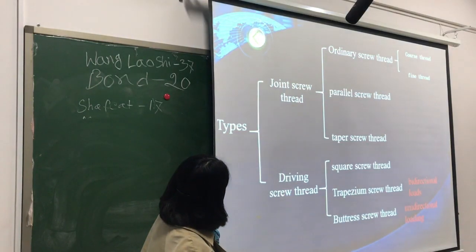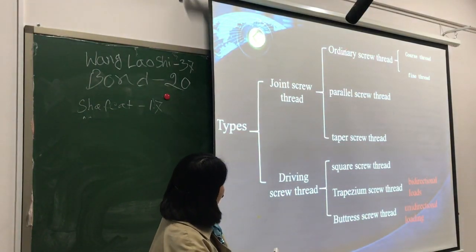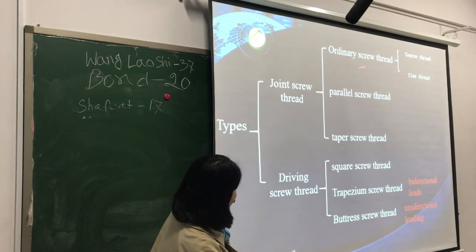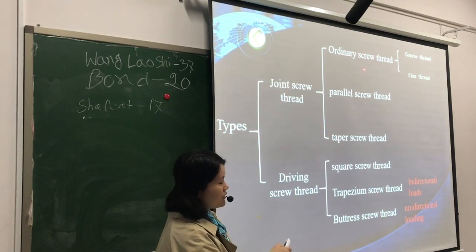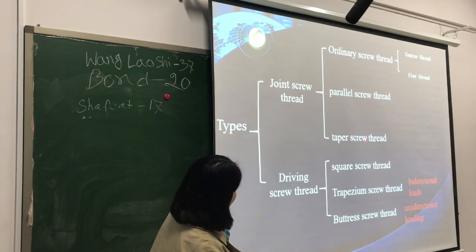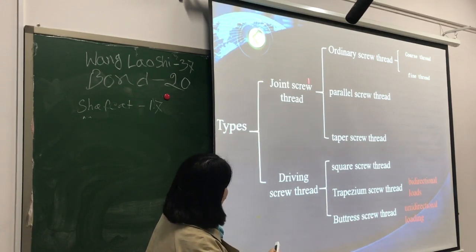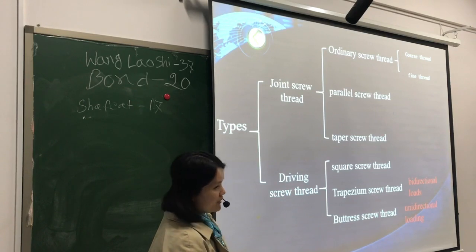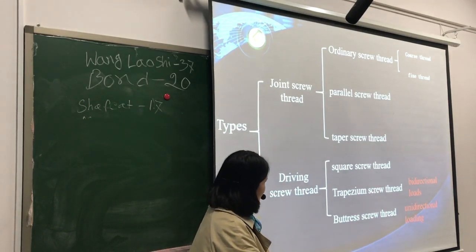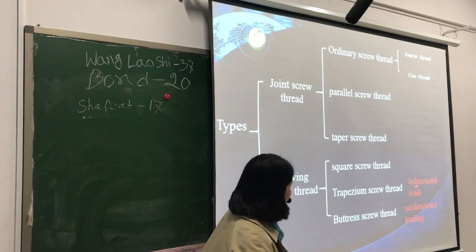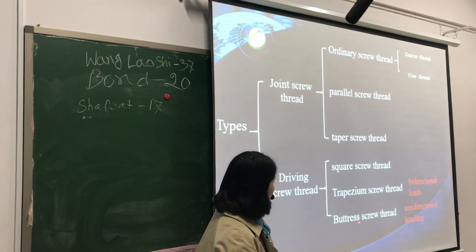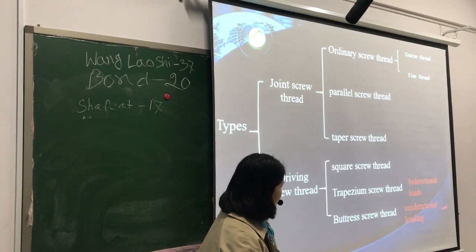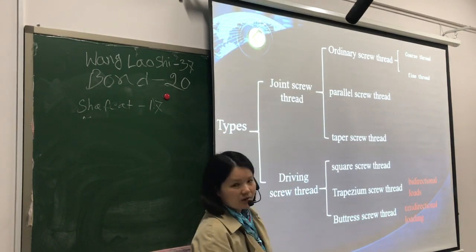So these are the types of ordinary screw thread, meaning the triangle thread, and the parallel screw thread. Taper screw thread is joint screw thread, and the square, trapezium, and buttress screw thread are driving screw threads. And the trapezium screw thread is used for bidirectional loads, and this is for unidirectional loading.